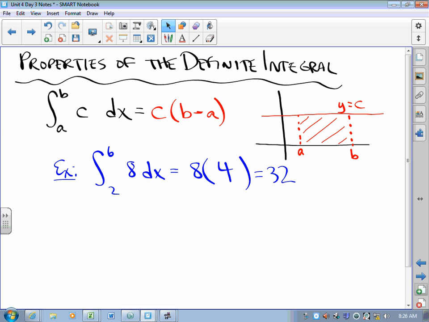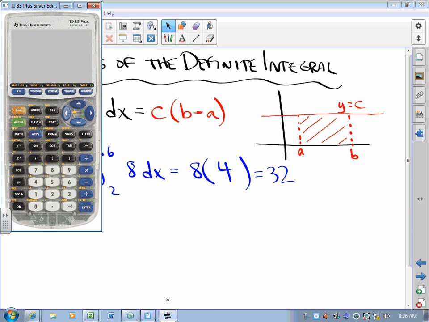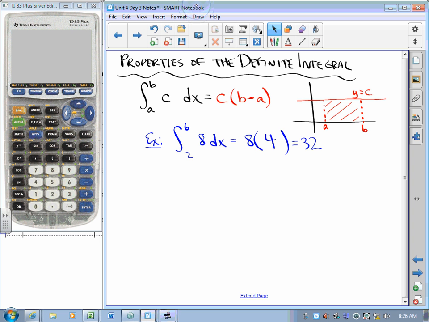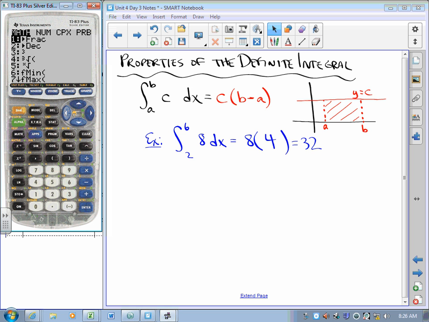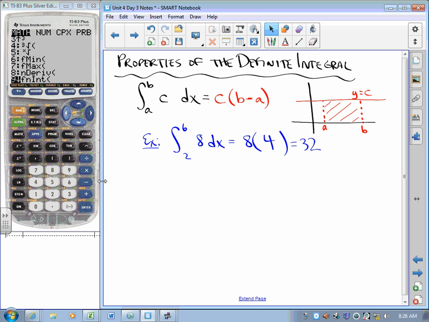As a side note, you can use your machine to do those integrals, because you have in the math menu of your calculator this beautiful thing called fnInt. I think that stands for function integral.